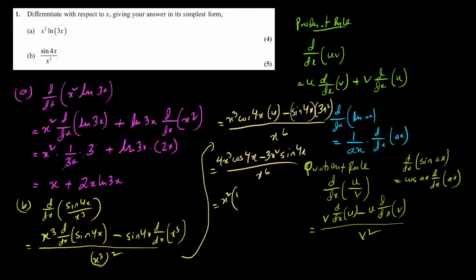So x squared, then it becomes 4x cos 4x minus 3 sine 4x divided by x to the power 6. So x squared and x to the power 6 cancel off and this becomes x to the power 4. So we can write 4x cos 4x minus 3 sine 4x divided by x to the power 4.